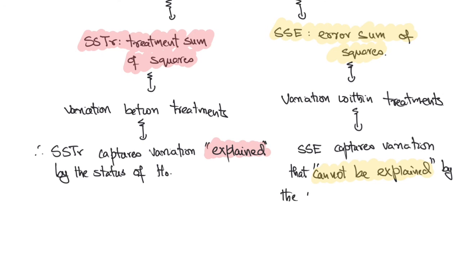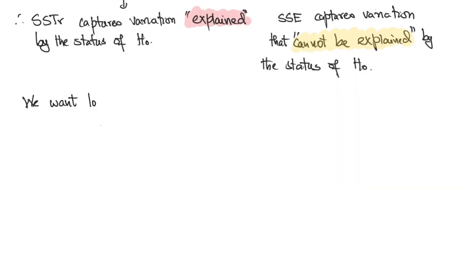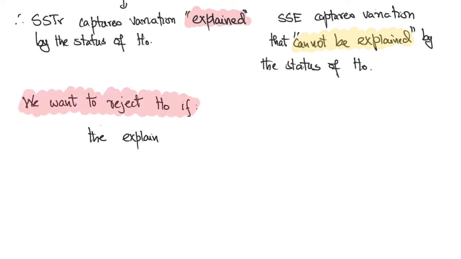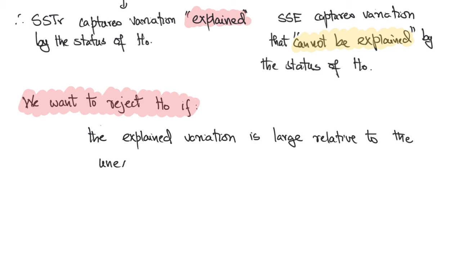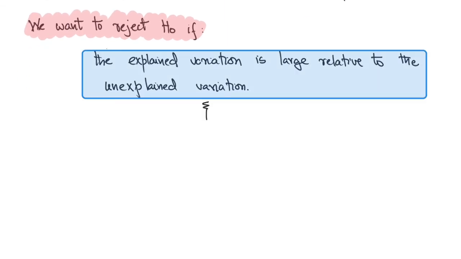That is, if we want to reject the null hypothesis, we would want the variation between the treatments to be larger than the variation within the treatments.